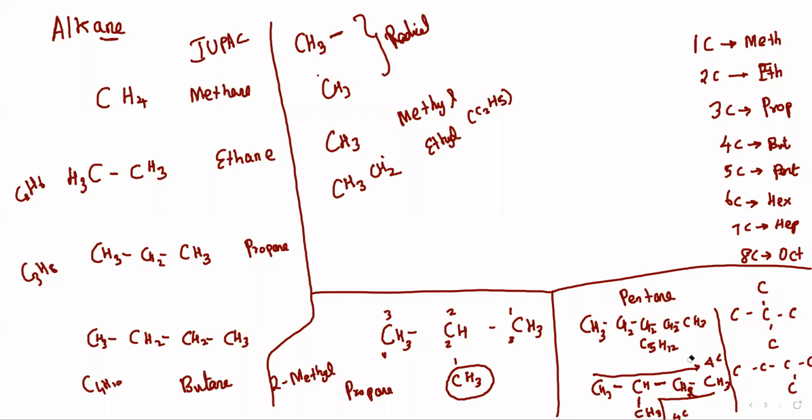So if you write it from the top straight chain structure, 4 carbons are in the straight chain. The name is butane. Am I correct? The name is butane. And in that, one branch is there, that is in the second place. First place, second place. Second place the branch is there. So 2-methyl butane. 2-methyl butane. Okay.